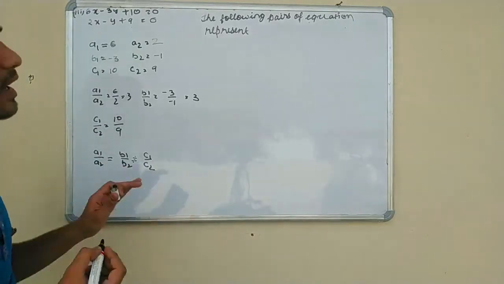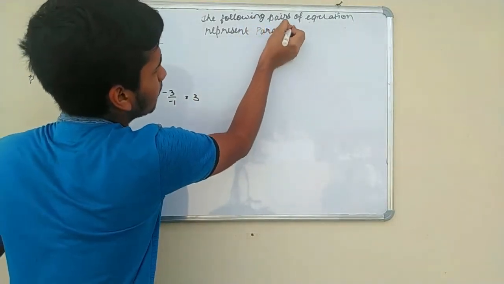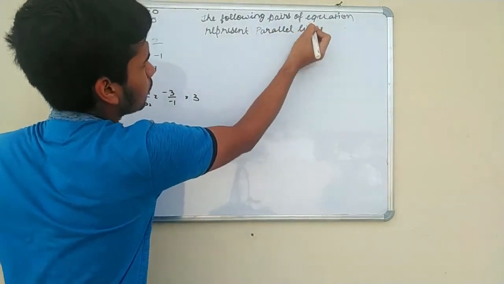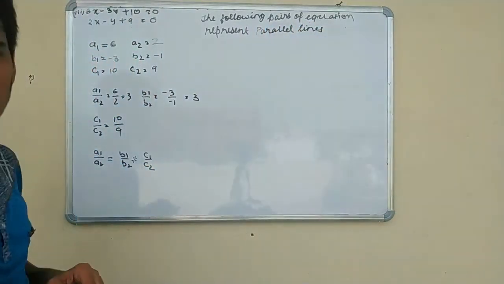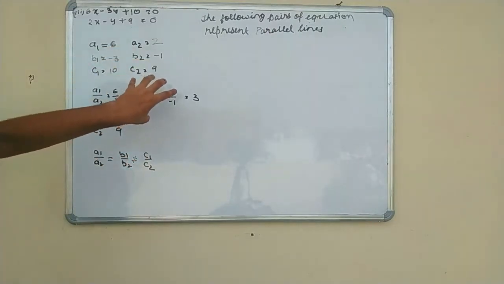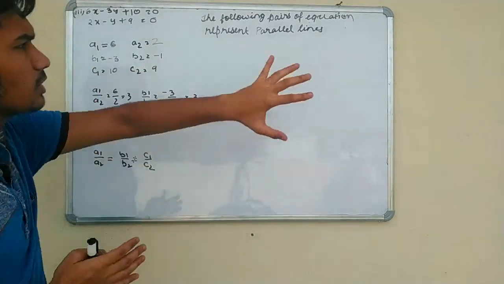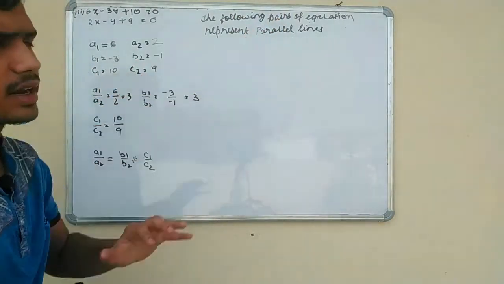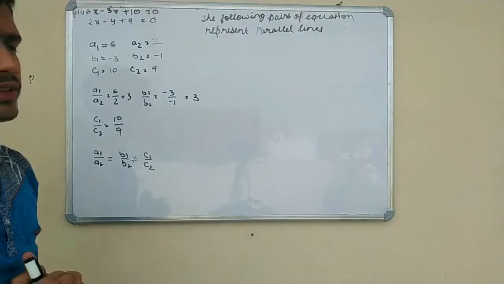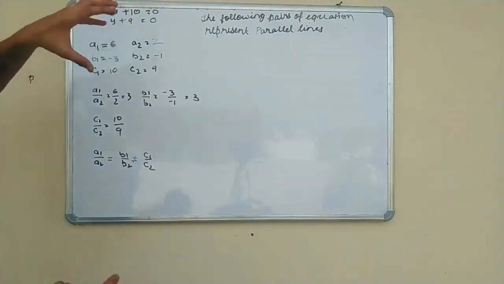So this condition tells us about parallel lines, that this pair of lines are parallel lines. So the following pair of equations represents parallel lines, as a1 upon a2 and b1 upon b2 are equal, but not equal to c1 upon c2. Okay, understand? Or we can say that there is no solution, that these equations don't have any solution.